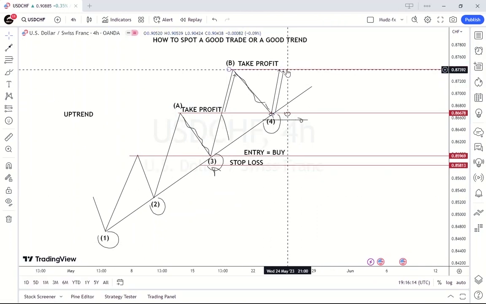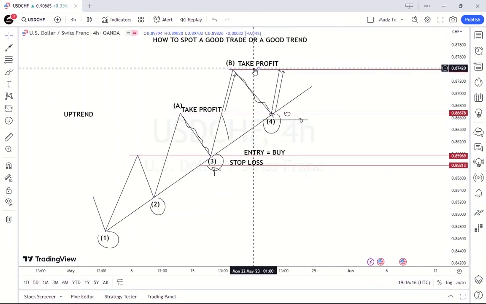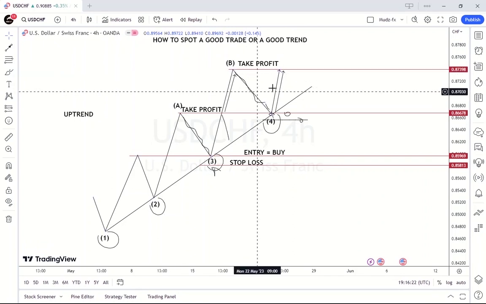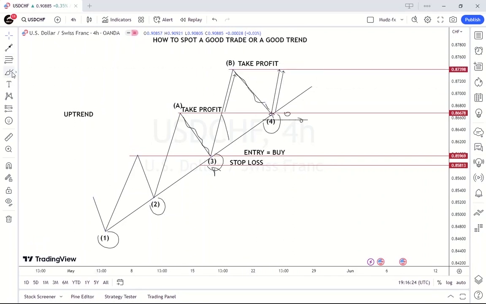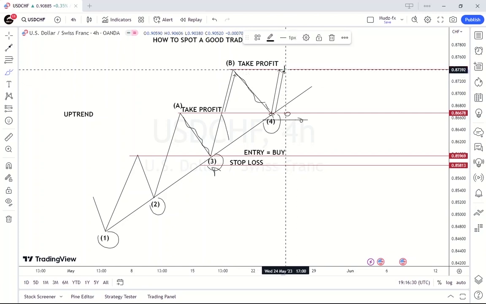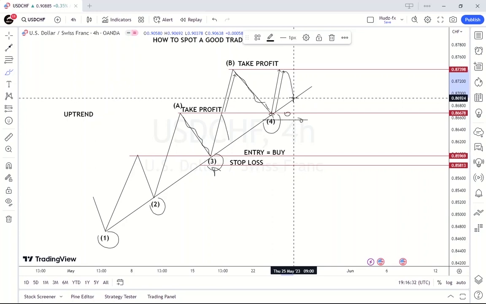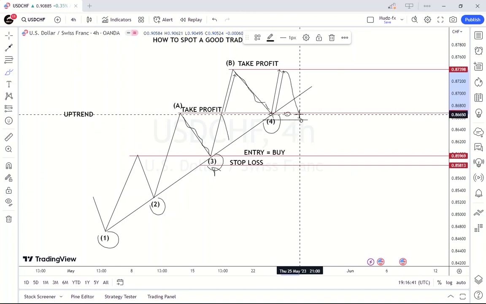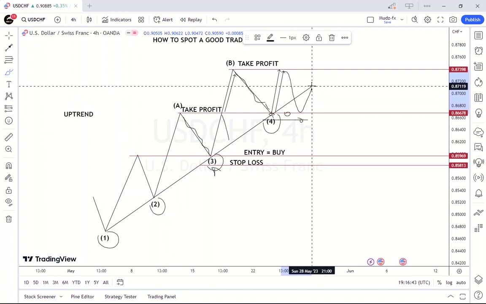So this resistance is going to determine whether this uptrend is still valid or not. So if this uptrend is now invalid, what's going to happen is you're going to see the market failing to break this resistance and then going back down. As it goes back down, it's going to break the trend line. Once it breaks the trend line, it's going to come back to retest it.